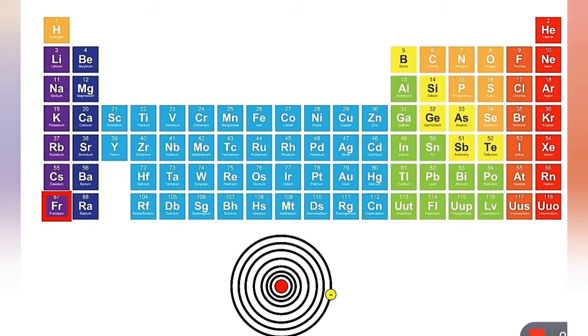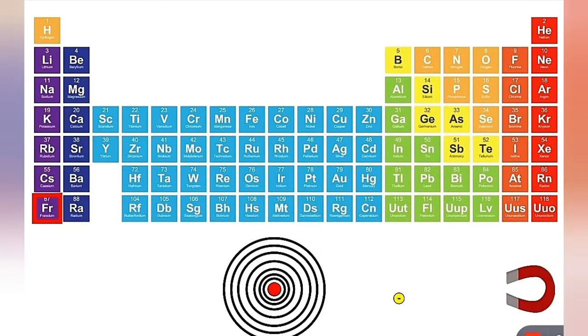This means the ionization energy trend is precisely the opposite of the atomic radius trend. Francium, a very large atom with only one valence electron, will be easy to ionize because the electron is so far away from the nucleus.